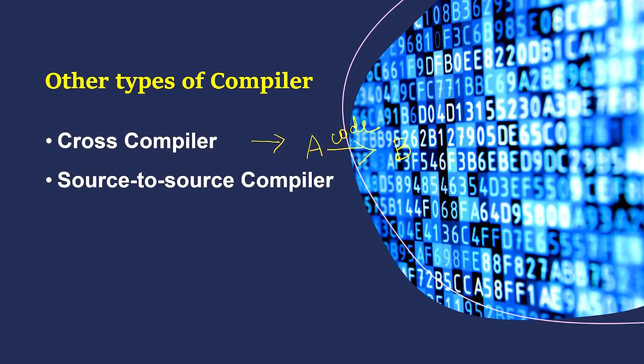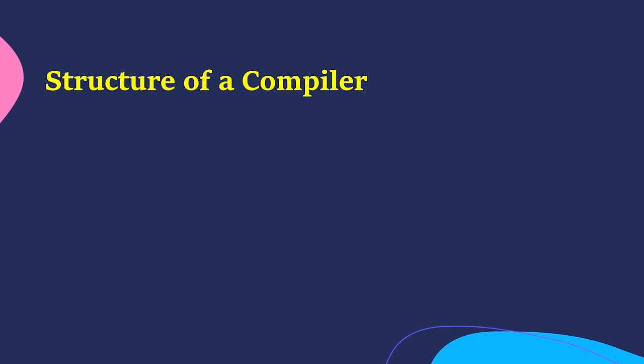Next, source to source compiler, otherwise called as transcompiler or transpiler. This is a compiler that translates the source code written in one programming language into source code of another programming language. So these are the two types of compilers.